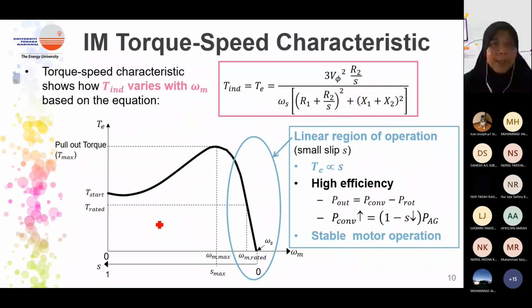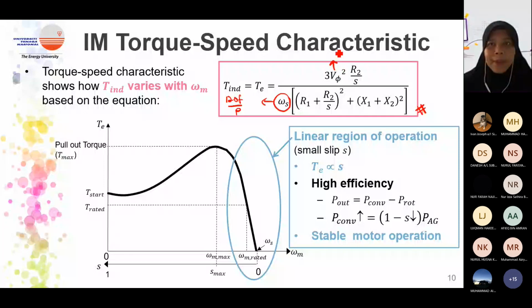And this torque speed characteristic shows how the induced torque varies with omega m, which is the speed, based on this equation: 3 V phase squared R2 over S omega S, and so semua ni lah, impedance dengan resistance. So this omega S we can calculate by using 120F over number of poles.